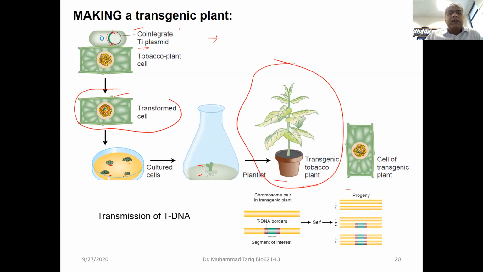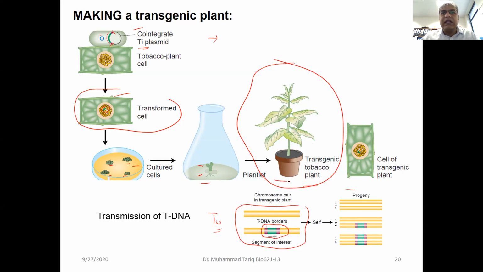Okay. This is what I already told you. So out of this plasmid, not everything is transferred, only the transferred DNA region is transferred, which gets integrated. And then eventually, in what we call the T0 generation, which is selected here.